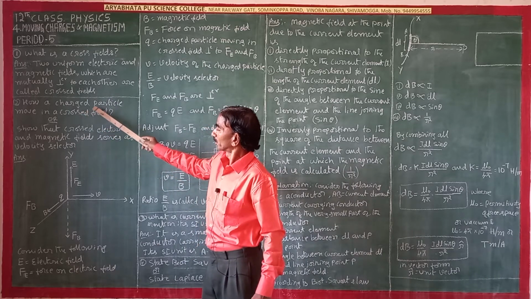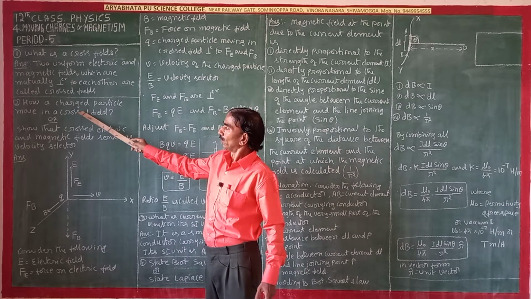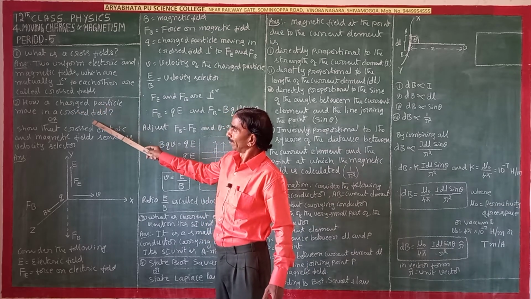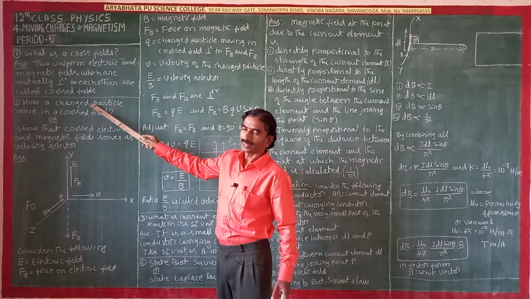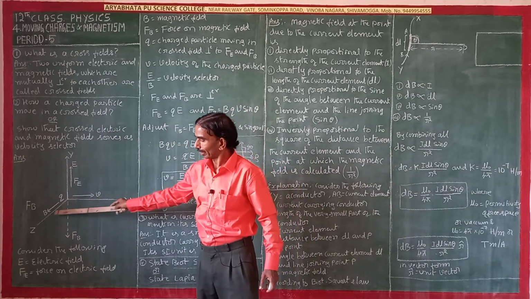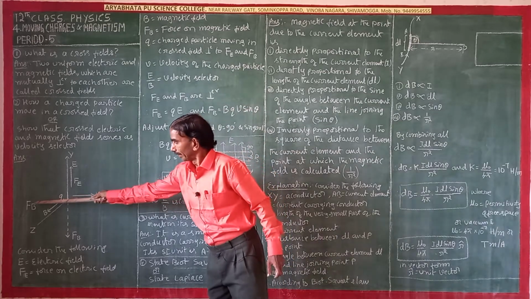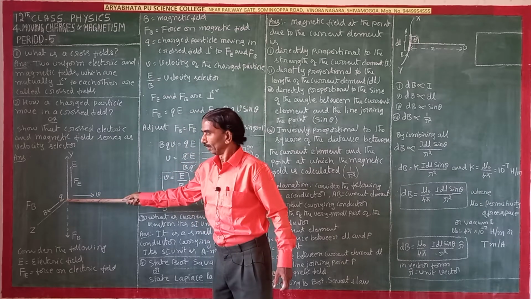Next question, it is an important question. How does a charged particle move in a crossed field? It is an electric field and a magnetic field, perpendicular. When a charged particle is entering this field along the x-axis, what happens?